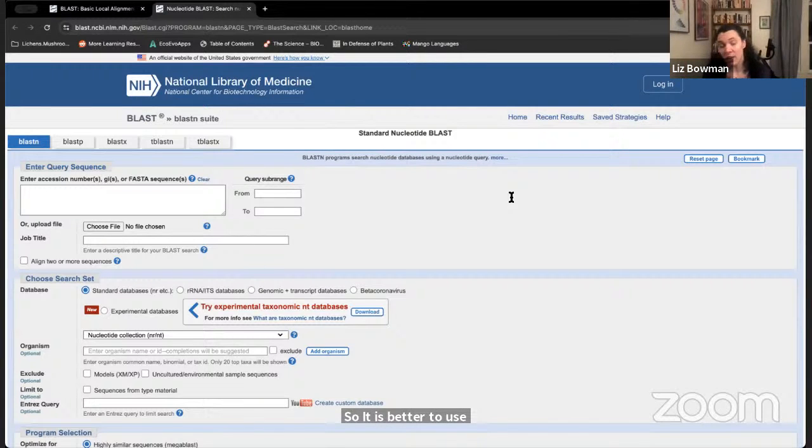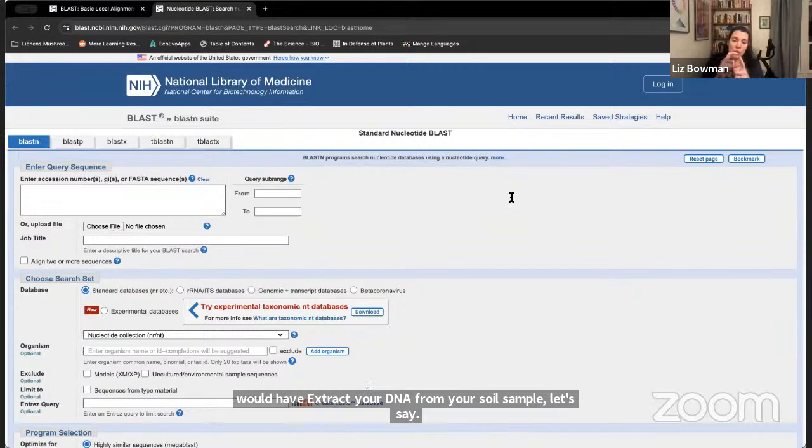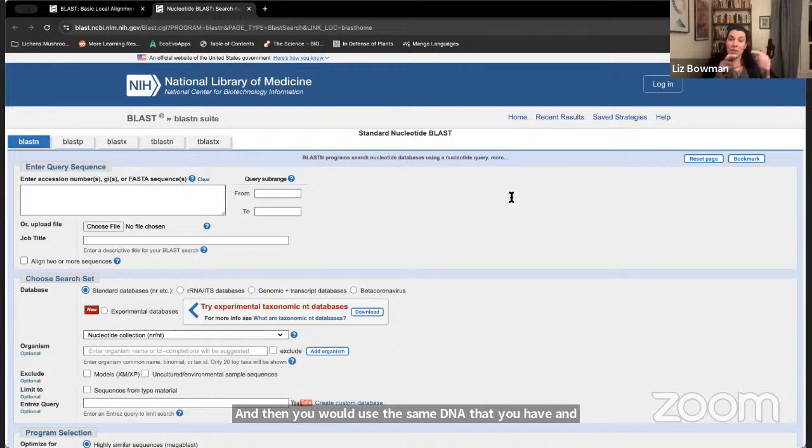And if you were to do that, you would extract your DNA from your soil sample, let's say, and then you would use the same DNA and run a PCR of it using different primers. So you'd have to use different PCR mixes with different primers and run it on the thermocycler and amplify those regions that those particular primers target.